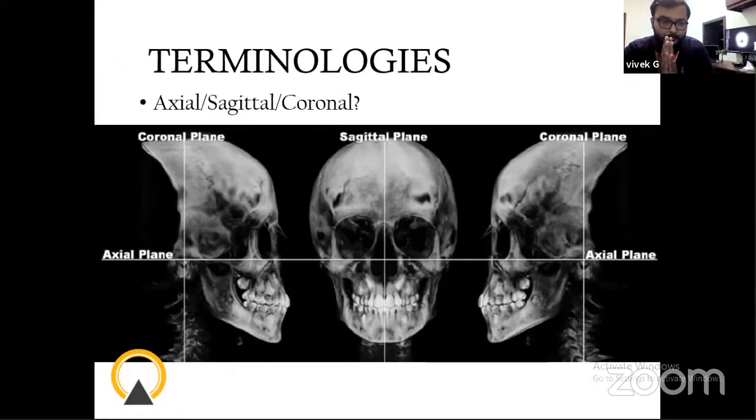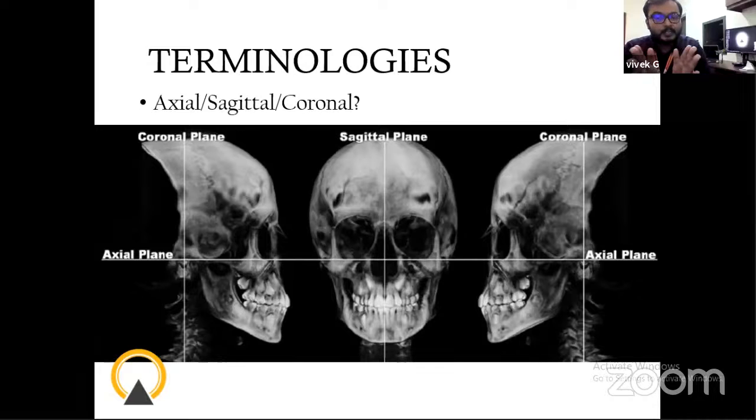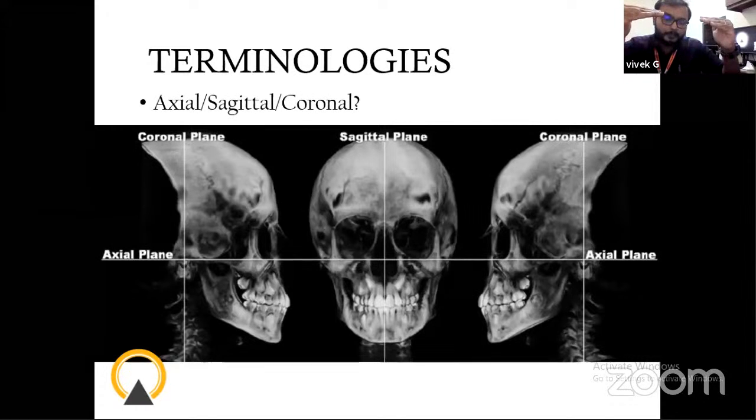In the image, you can see that the coronal plane divides the skull into a front and a back, that is an anterior portion and a posterior portion. Sagittal divides your skull into 2 lateral halves, a right half and a left half. And the axial plane gives a horizontal cut, dividing you into an upper portion and a lower portion.